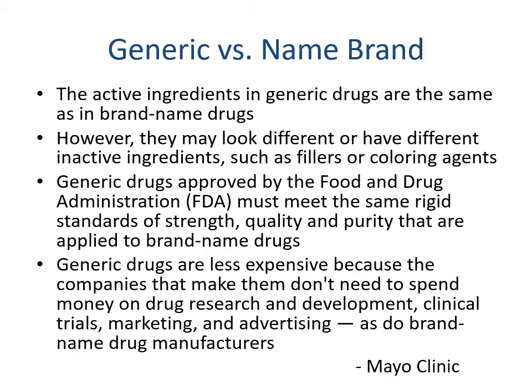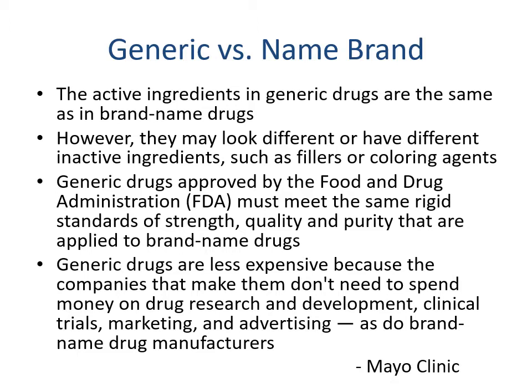So only the actual active ingredient is identical, but the rest of the ingredients do not have to be the same at all. And we'll talk about some examples as we go through the lecture where that makes a difference. Generic drugs approved by the Food and Drug Administration must meet the same rigid standards of strength, quality, and purity that are applied to brand name drugs.